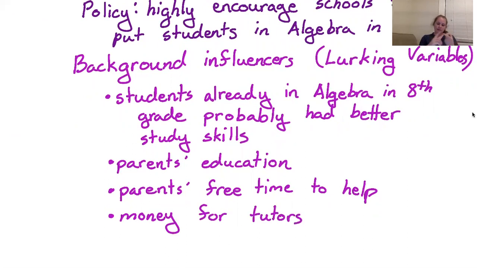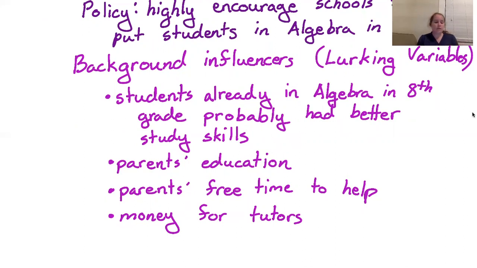All of these things, study skills, parents' education, parents' free time to help their children with their homework, money available for tutors, are things that were likely to influence students being ready to start algebra in middle school, as well as influence their success in college. So it's more likely that these things in the background are what were actually causing the pattern instead of just, oh, if I put you in algebra in eighth grade, you will be ready to succeed in college.